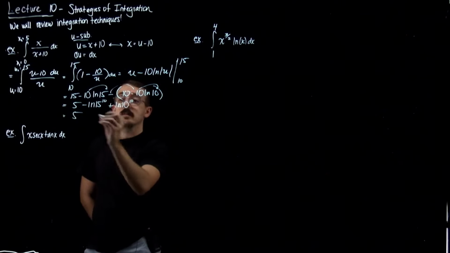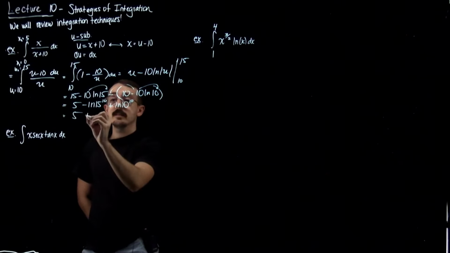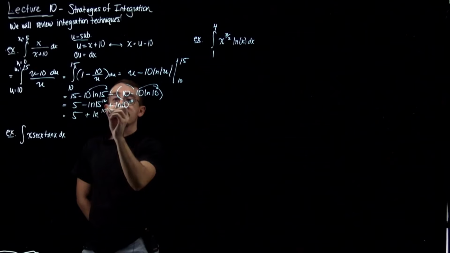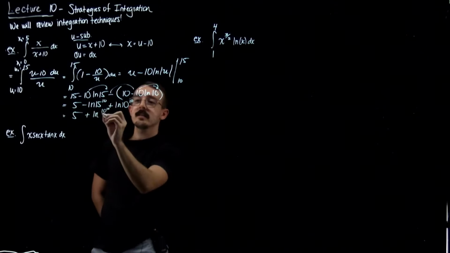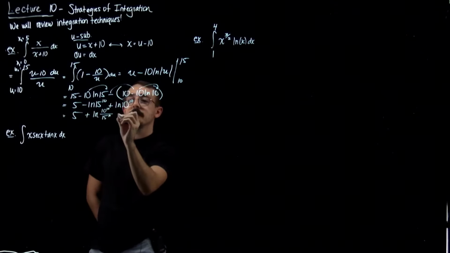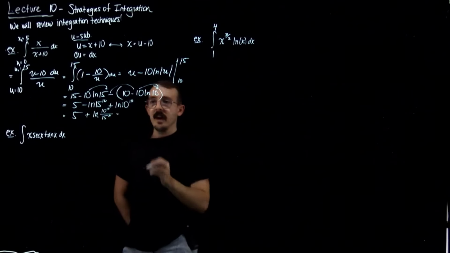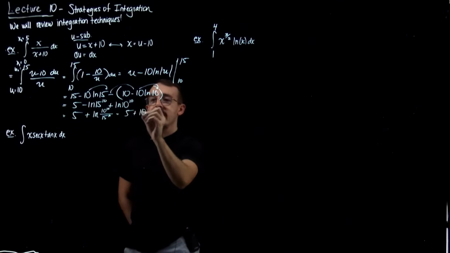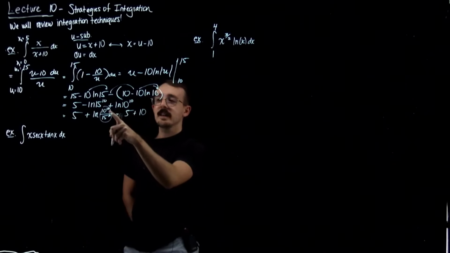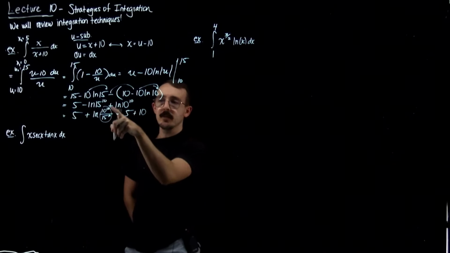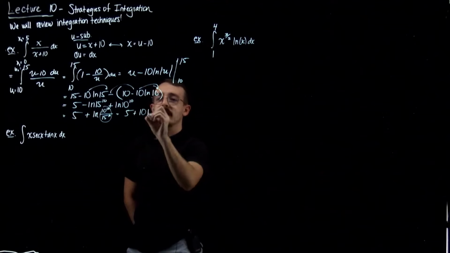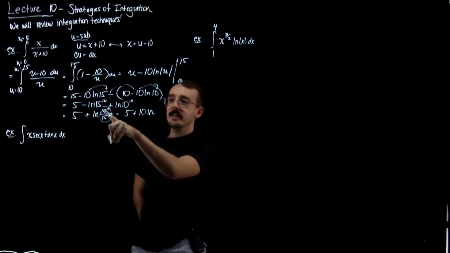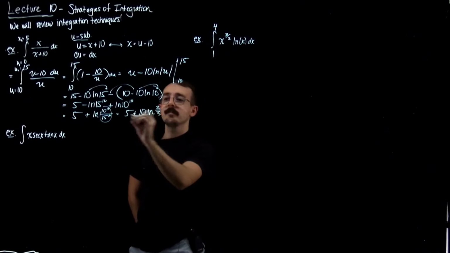So actually what I'm going to do is plus ln of 10 to the 10, and you're subtracting this log, so divided by 15 to the 10. And then what is this equal to? This is just 5 plus 10 times ln. I'll just take this exponent of 10 that's on both of these and move it back to the front. ln of, and then 10 over 15 is 2/3.